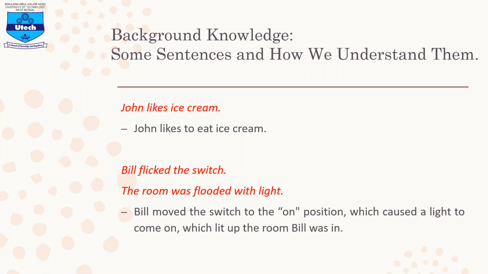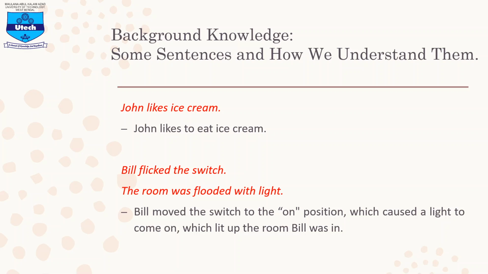In the same way, let us have another example. Bill flicked the switch, the room was flooded with light. What should the complete sentence be? Bill moved the switch to the on position, which caused the light to come on, which lit up the room Bill was in.